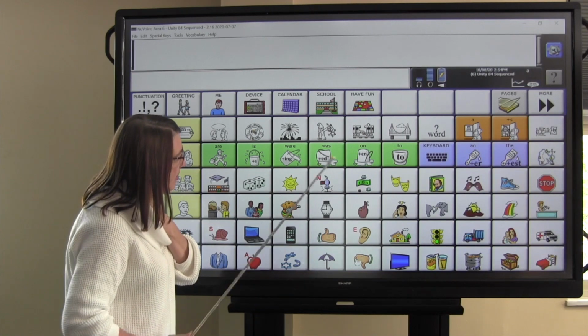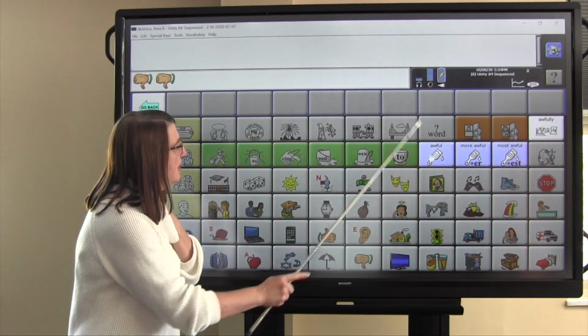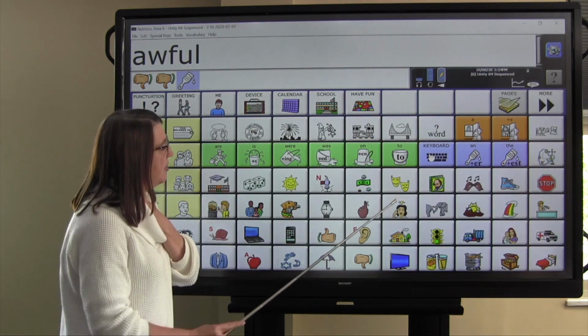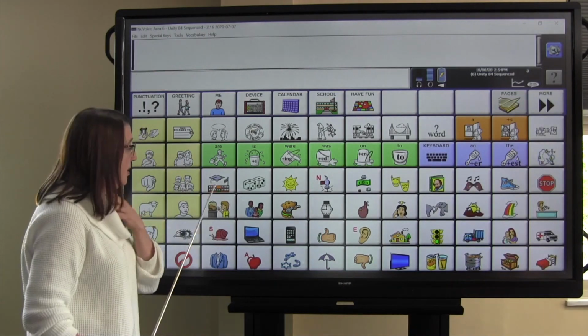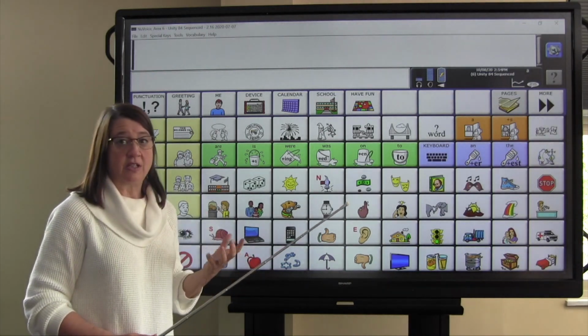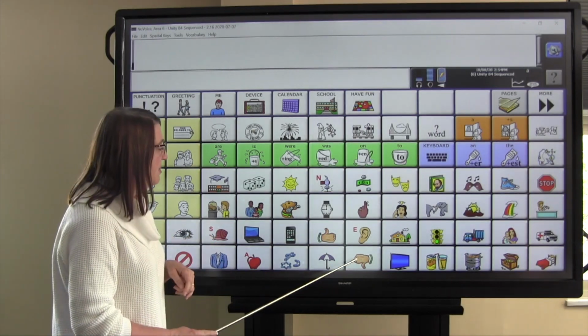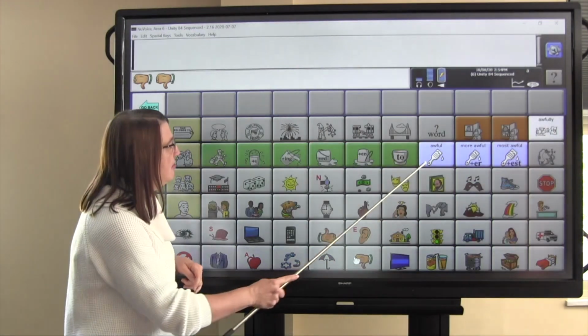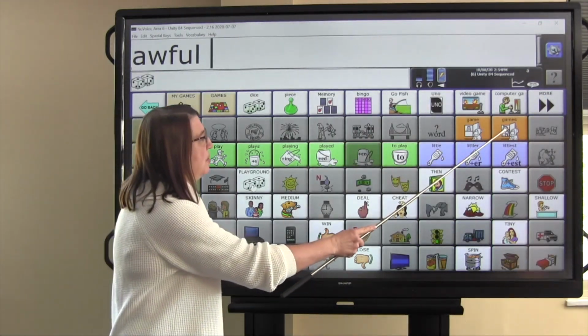Okay, so let's think of some phrases. How about that was an awful book. So thumbs down plus awful, the adjective, and then book. Book. Now football season is just getting started as we're recording this, and sometimes there are some awful games. So thumbs down, adjective, awful, and then the dice gives us games.